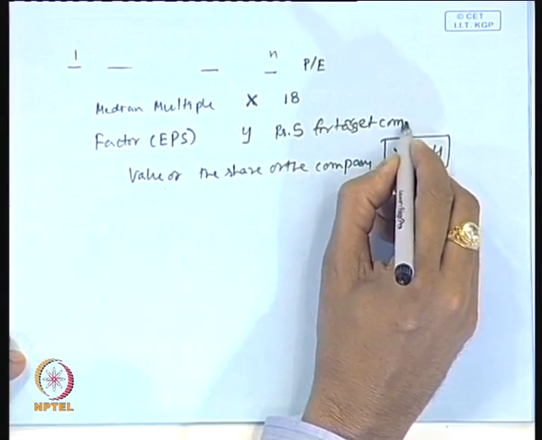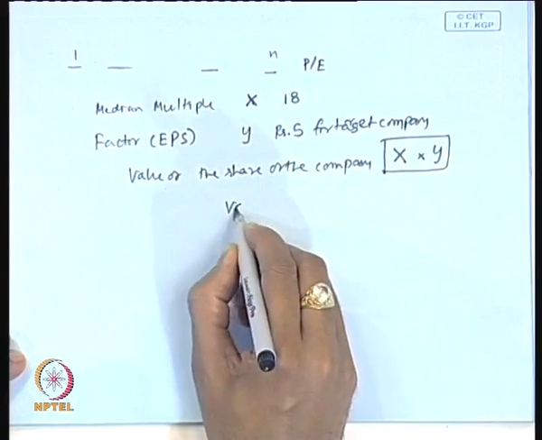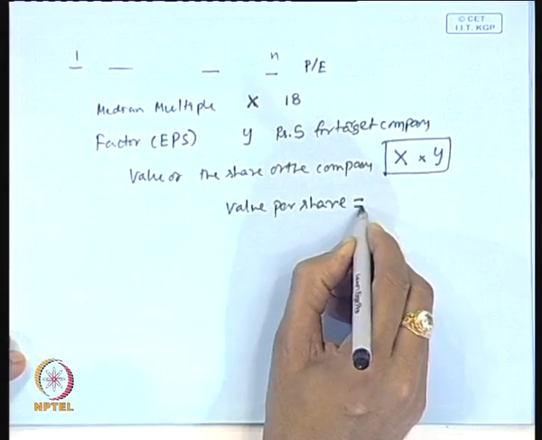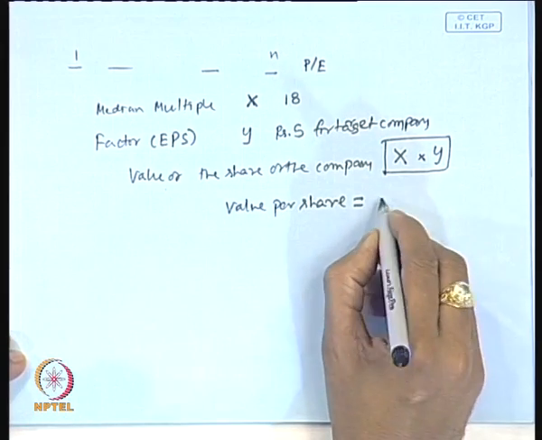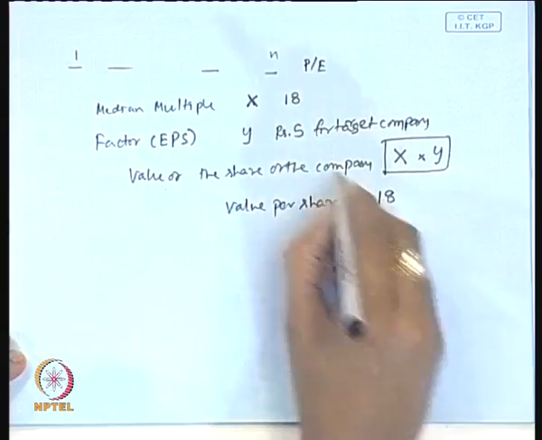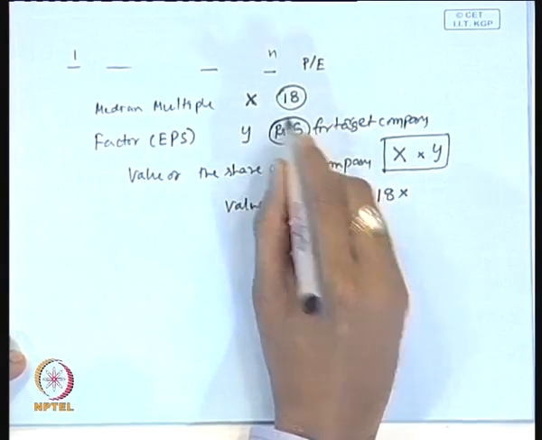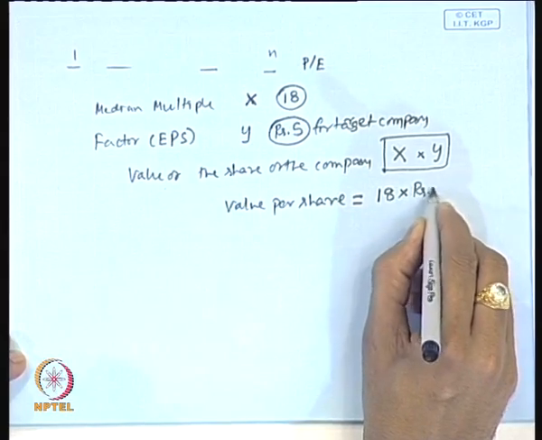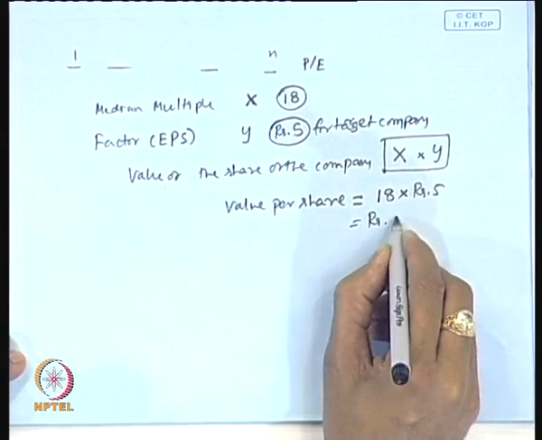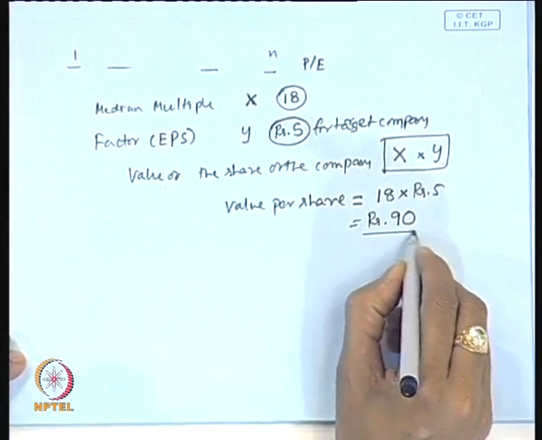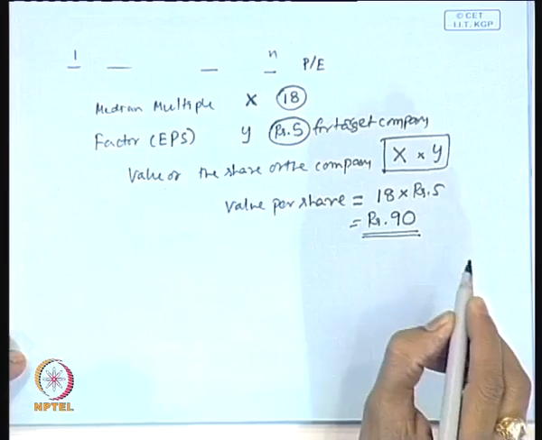In that case the value per share will be the median multiple, that is 18, multiplied by the target company's earnings per share, that is rupees 5. So, rupees 90 becomes the value per share as far as this particular company is concerned.